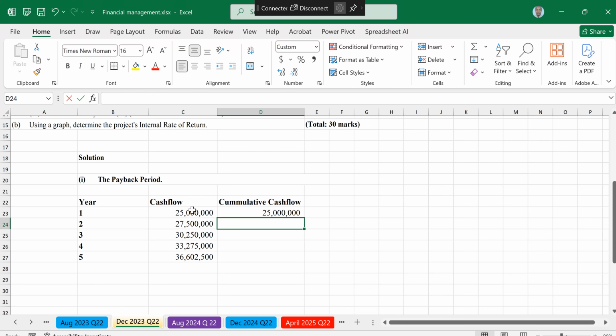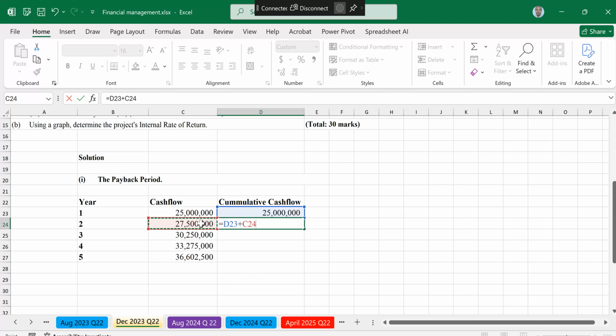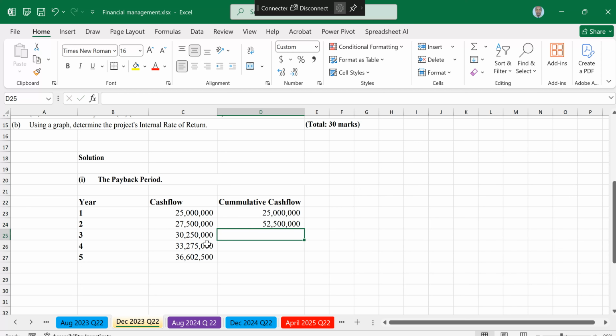It will be equal sign, the first one plus 27,500. So mine is B20, the blue one, 25 million plus the 27,500. Then you can see the answer is 52. Then drag all the way down. That way, that becomes our cumulative cash flows.